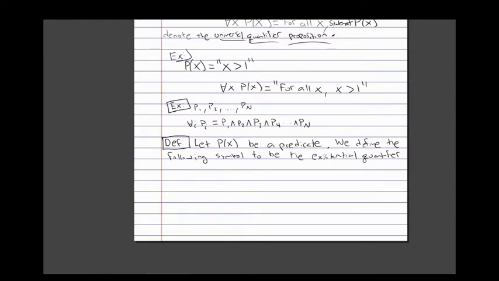It's a backwards E. Up here for the universal quantifier we put an upside down A. Here for the existential quantifier we put a backwards E.